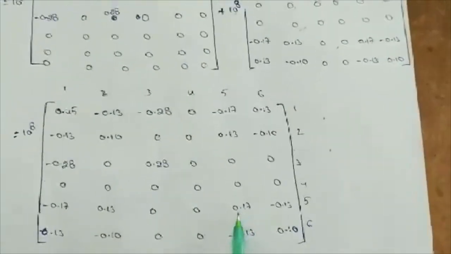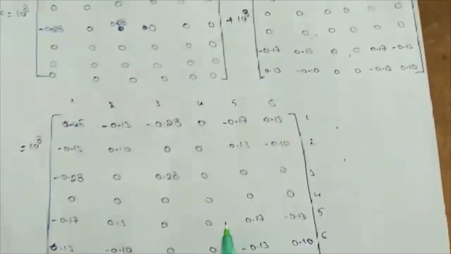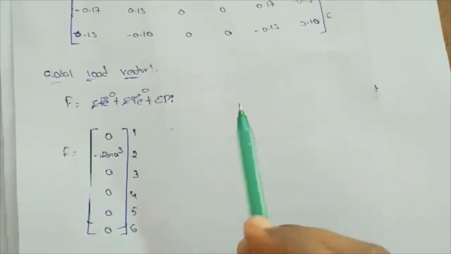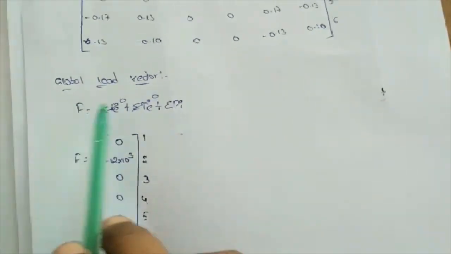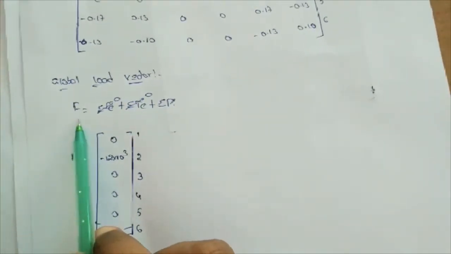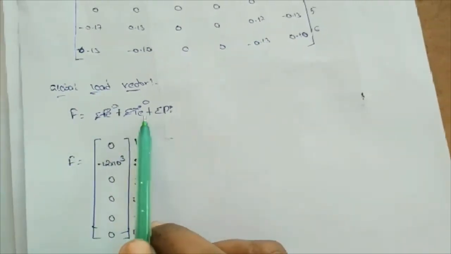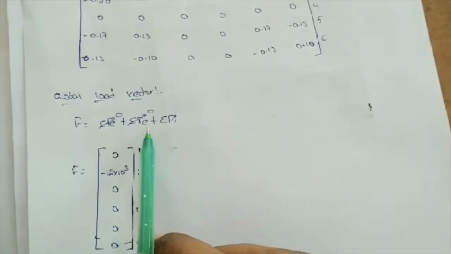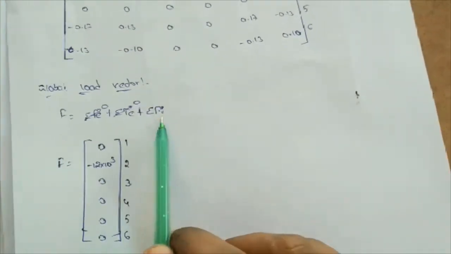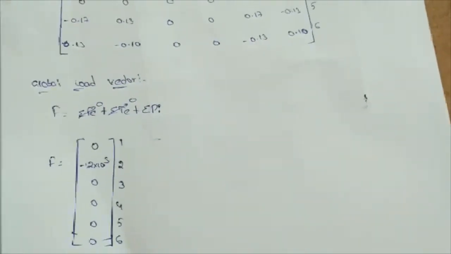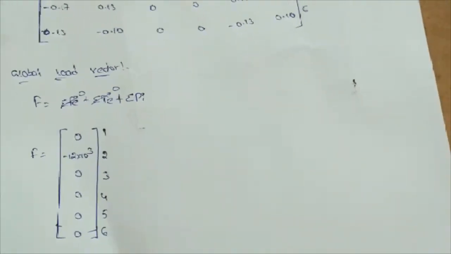After finding the global stiffness matrix, you have to find the global load vector. Here the global load vector F equals sigma Fe plus sigma Te plus sigma Pi. Sigma Fe means body force, sigma Te means tractive force, sigma Pi means point loads. In this problem they do not give any body force or tractive force, so you keep these two values as 0. Then for the point load, from the figure you have to observe where it is acting.